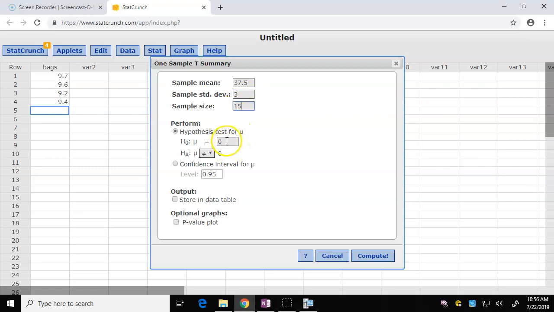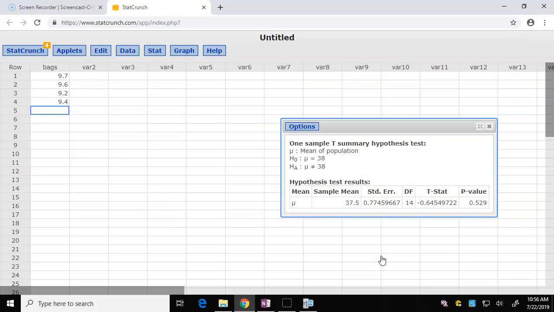Okay. And we're hypothesis testing. So what are we equal to here? 38. And then does our sign stay not equal, less than, greater than? Remain the same, right? The not equal. So there it is. Hit compute. Now we know our t-stat and our p-value. So the t-stat wants 2 decimal places.